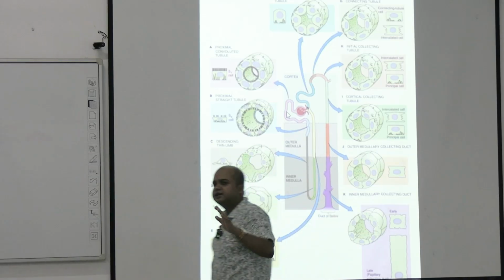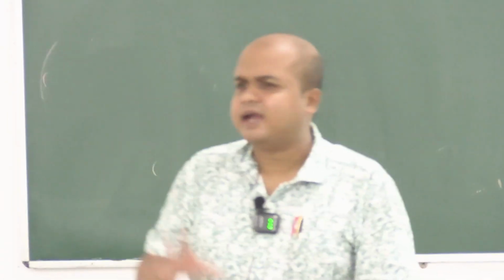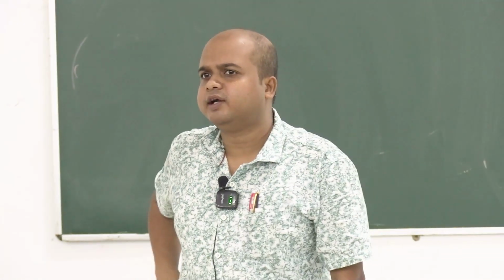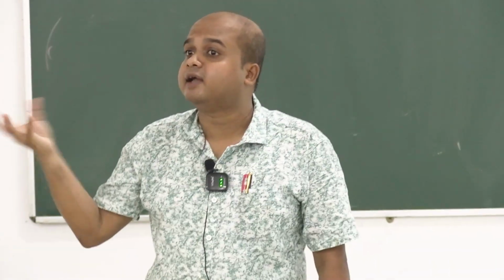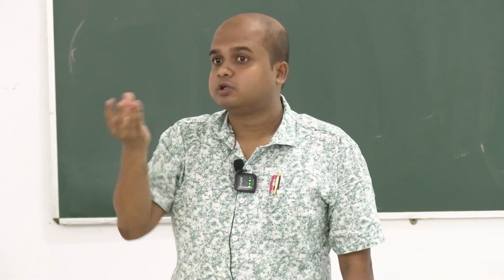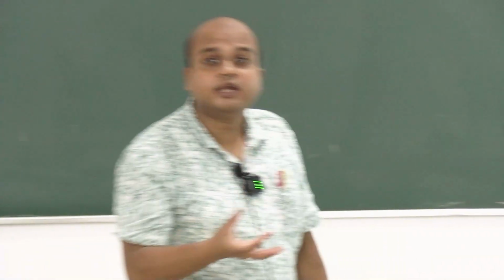Whatever the thick ascending, thin ascending, or thin descending limbs, they do not have many mitochondria and invaginations. Cilium will be there, but not many mitochondria. In the distal convoluted tubule and collecting tubules, there will again be invaginations and more mitochondria, because there is more reabsorption.